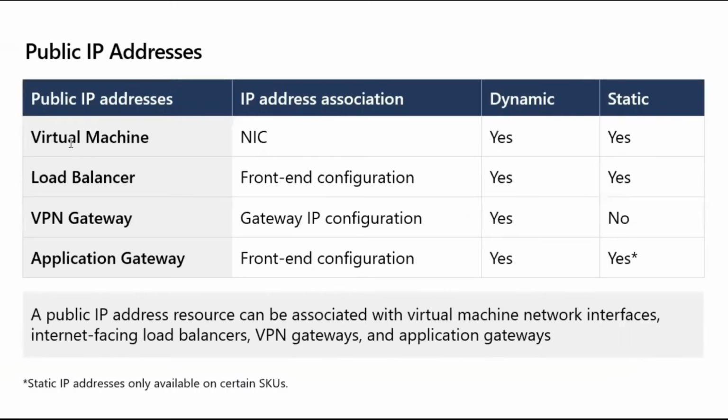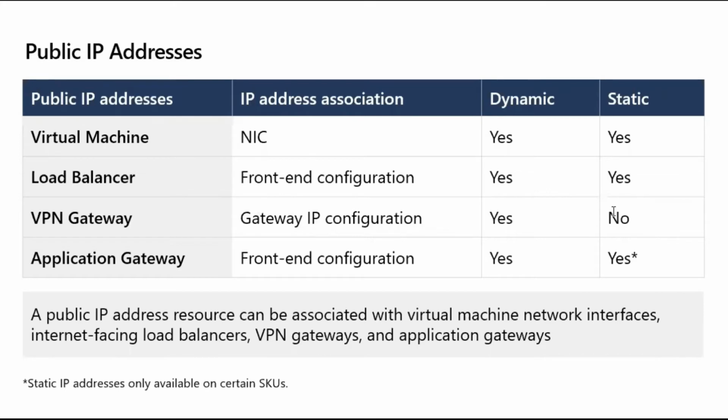Public IP address with virtual machines: we have the NIC card, and we have dynamic and static. So it can get the public IP address dynamically, or we can assign a static IP. Load balancer front-end configurations: we can have dynamic IP load balancer allocations and static as well. For VPN gateway, we need gateway IP configurations, and we'll get that one dynamically.